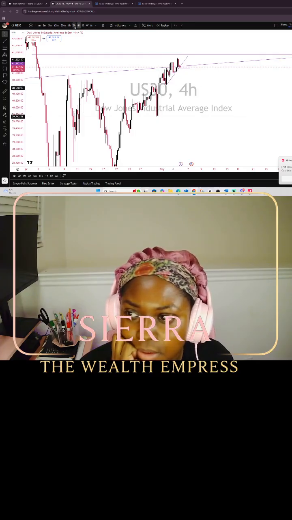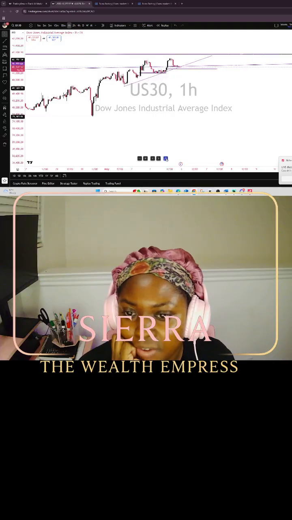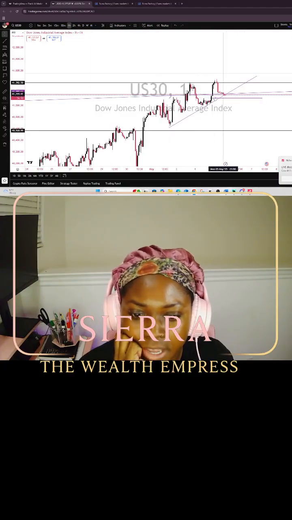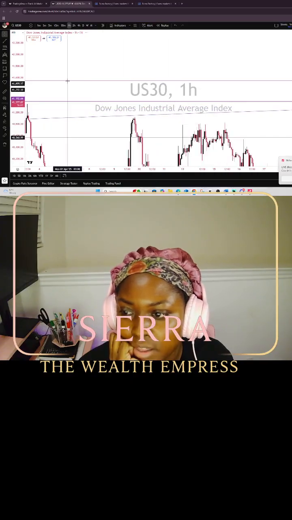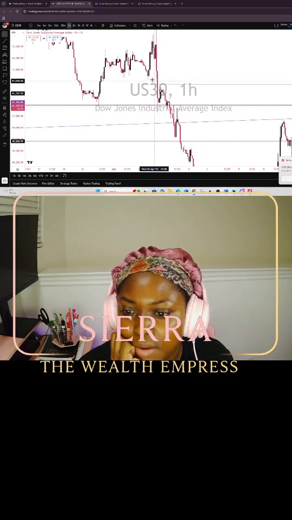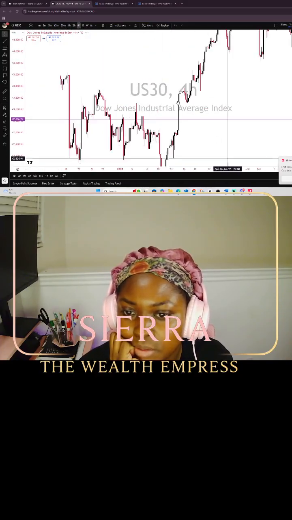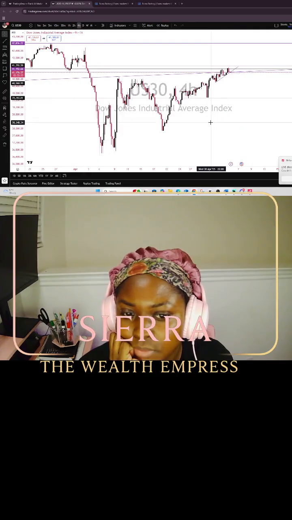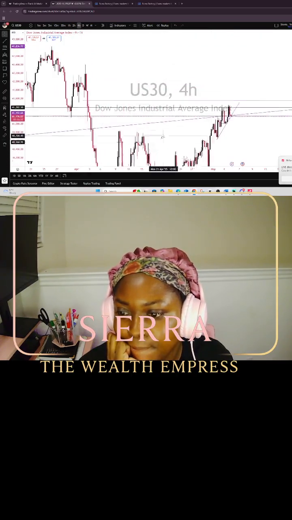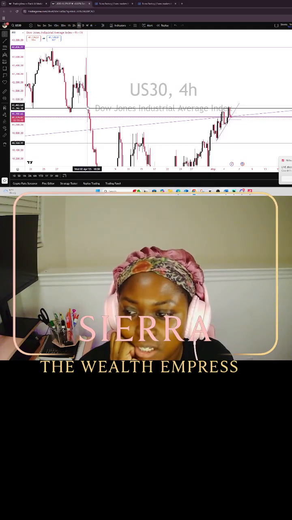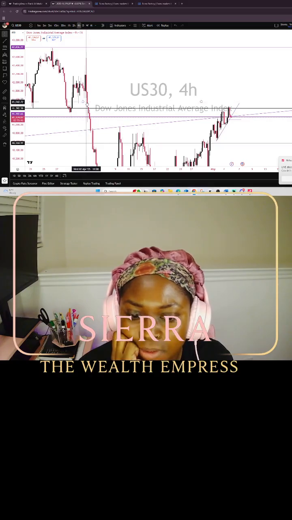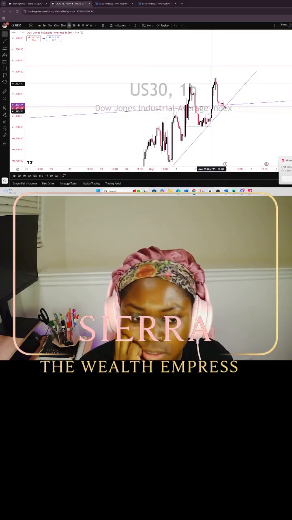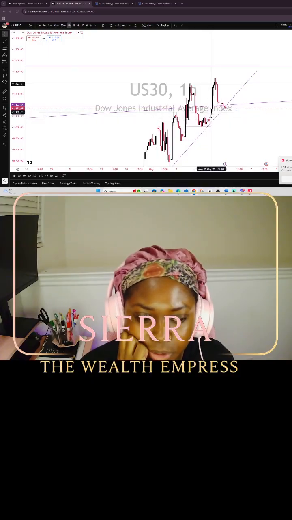But again, if it doesn't and price just decides that it wants to bounce off of this and that trend line, then there is another gap above. I think it's on the 4-hour though. Right here on the 4-hour that hasn't been touched. So we're just waiting for this gap right here to let us know what to do on US 30.